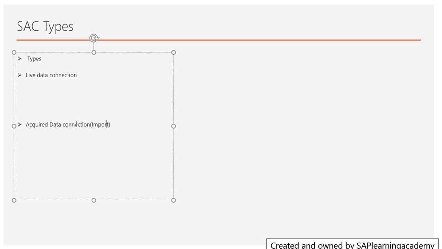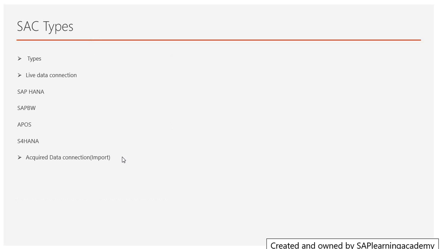If I give you some examples of the live connection, you can take data from SAP HANA or SAP BW, or maybe APOS, or others like S/4HANA. Those are the different sources that you can take for live connection.